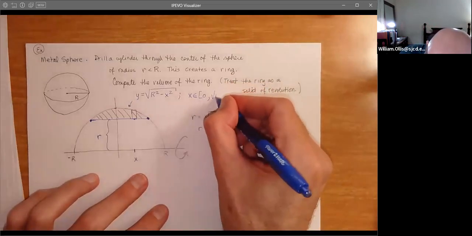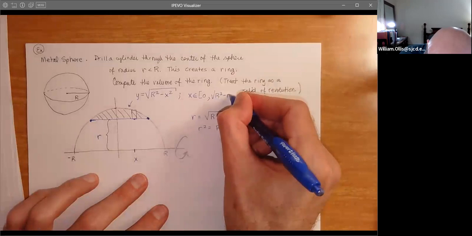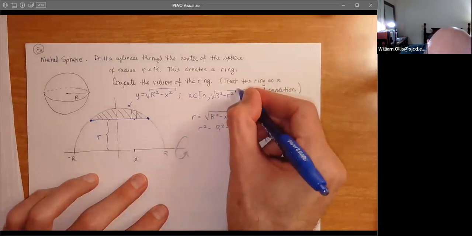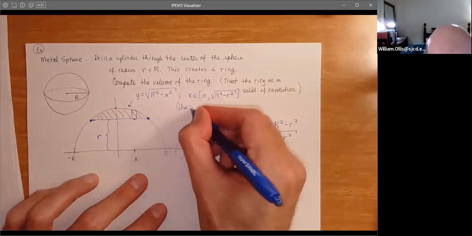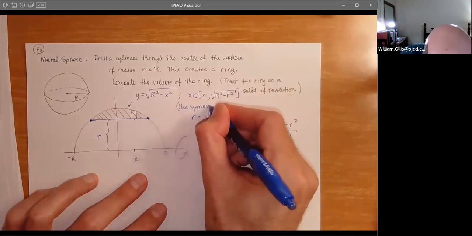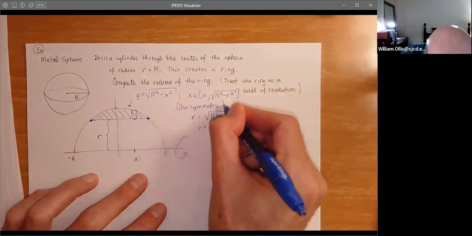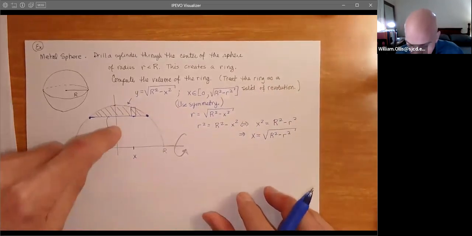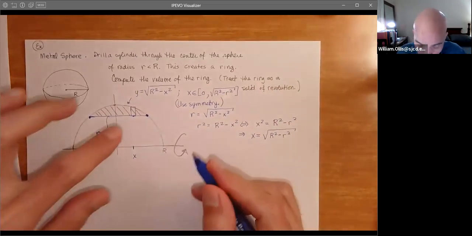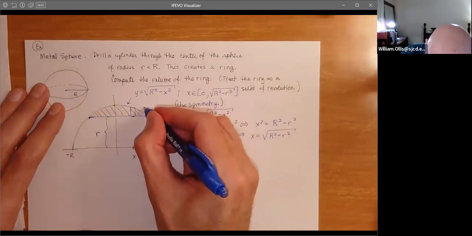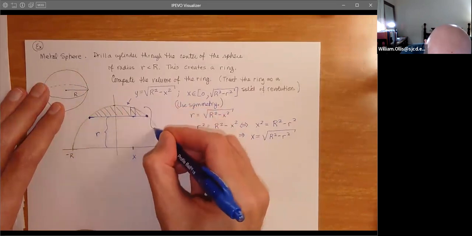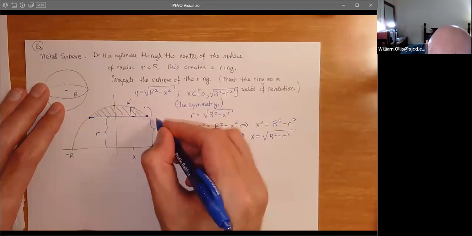This will be the square root of R squared minus lowercase r squared. So again, we will use symmetry. We can actually revolve this piece here, and I'll go ahead and draw this in. The outer radius, big R, is just this.